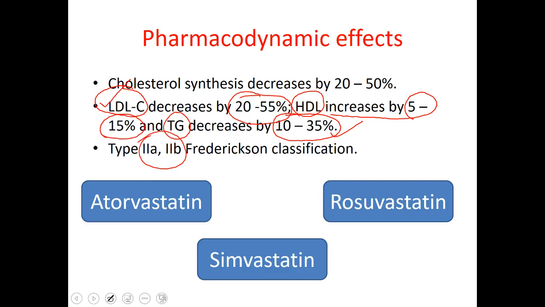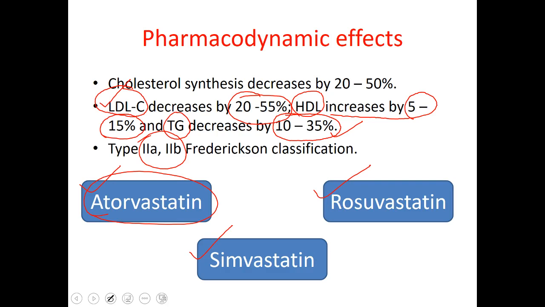There are nearly half a dozen statins available, but the most commonly used ones are atorvastatin, rosuvastatin and simvastatin. So, these are the three commonly used statins. The most common of these is atorvastatin. This is the very commonly used one in clinical practice.